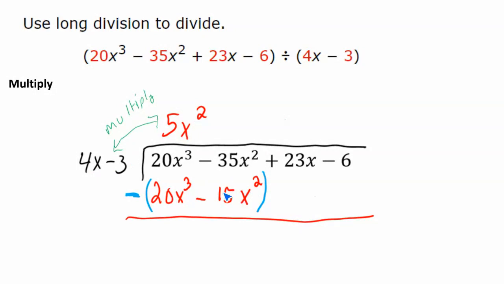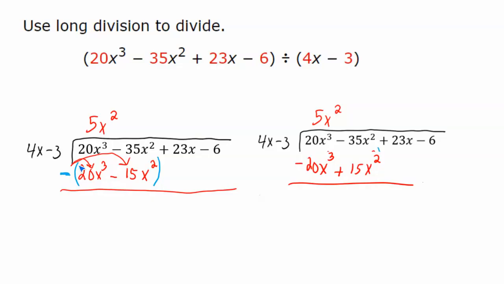So whatever we get here, notice that I put it in parentheses because I need to subtract this information from the first two terms up here. And so always we want to remember that the subtraction or the negative here, we're going to distribute into the parentheses. Okay, so here I have demonstrated this. So we're going to have negative 20x cubed, and then negative and negative will be a positive 15x squared.